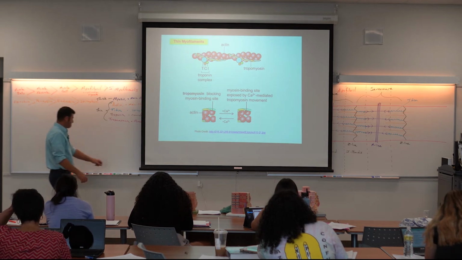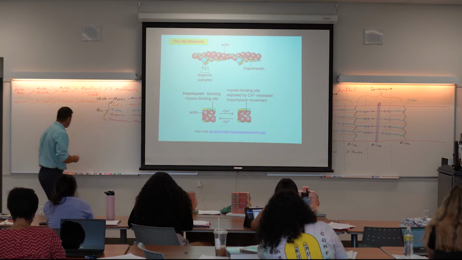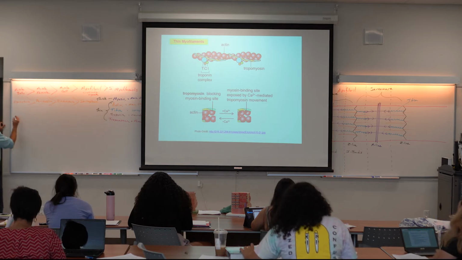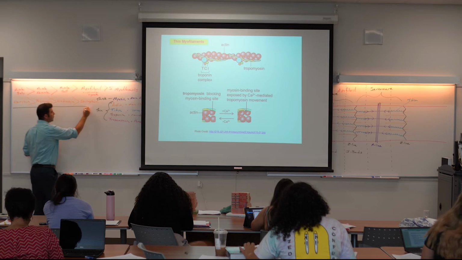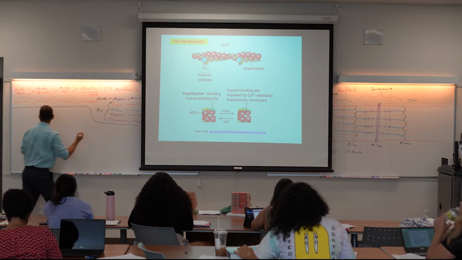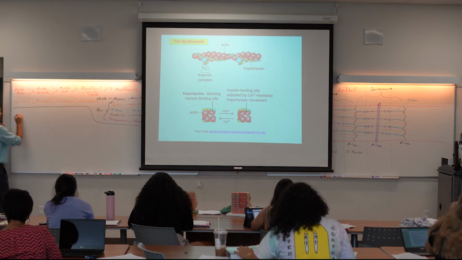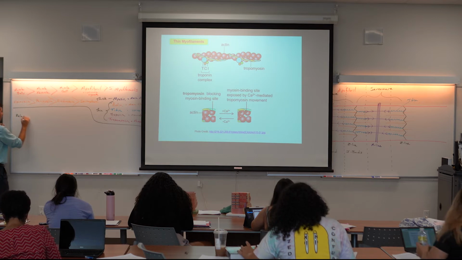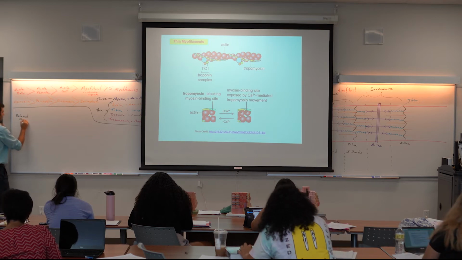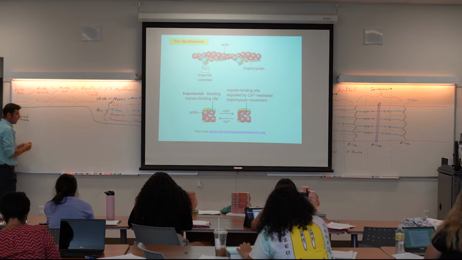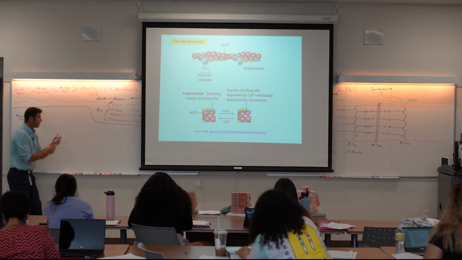But what I'm trying to show is the difference in a contracted muscle versus a relaxed muscle. So let's say here in a relaxed muscle, what we're going to see is, let's take our troponin color.